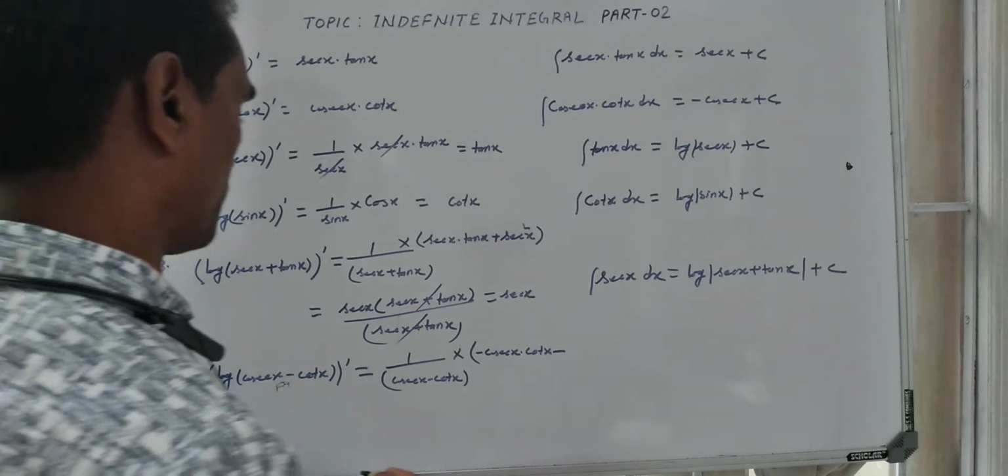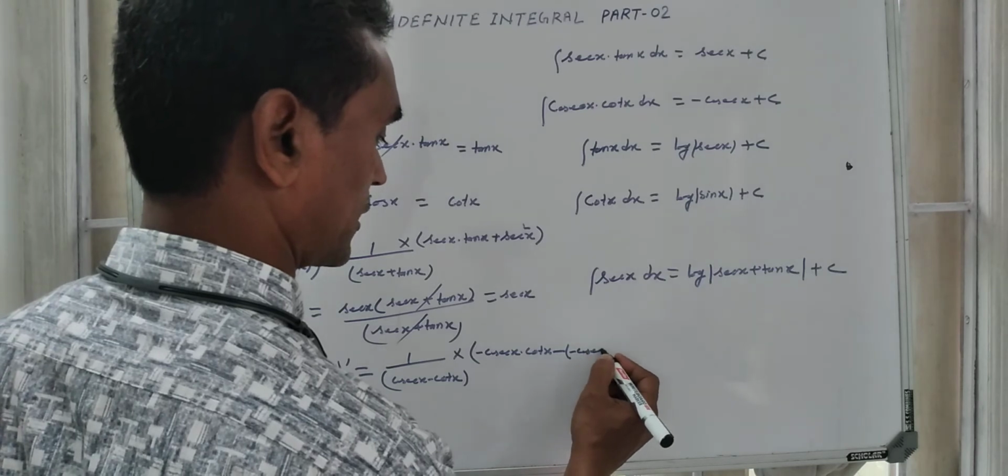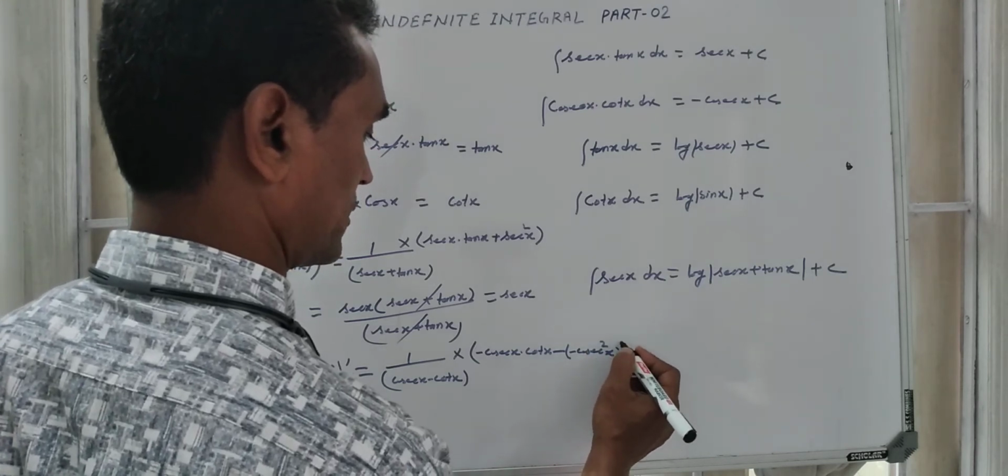Derivative of cot x is minus cosec square x. So minus cosec square x.